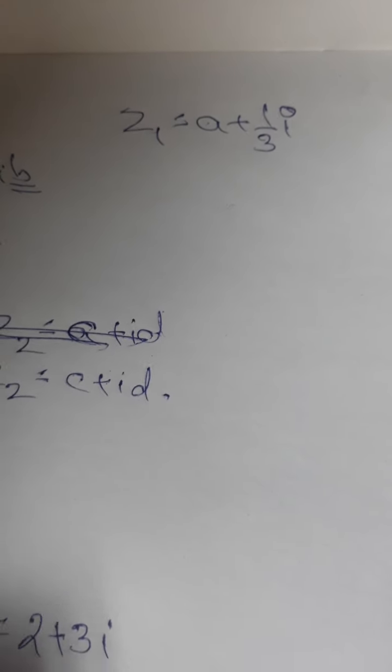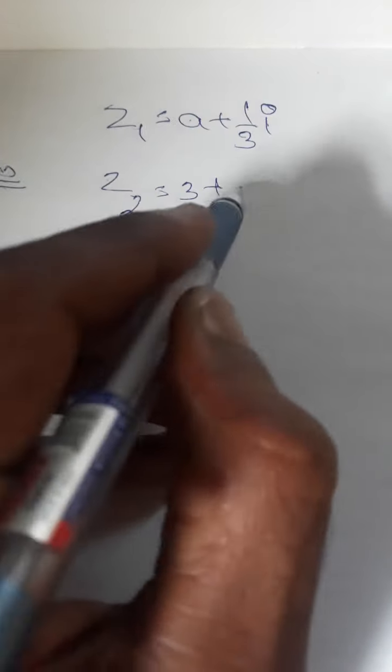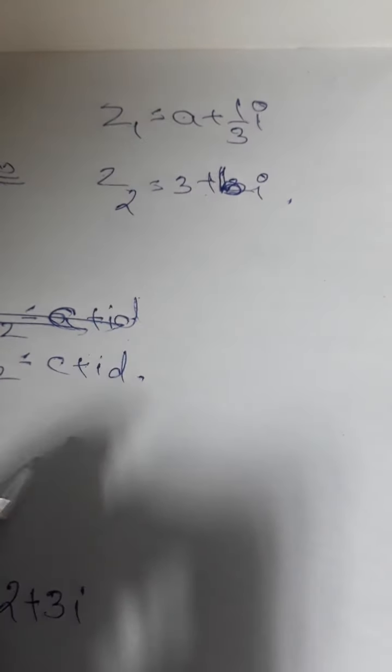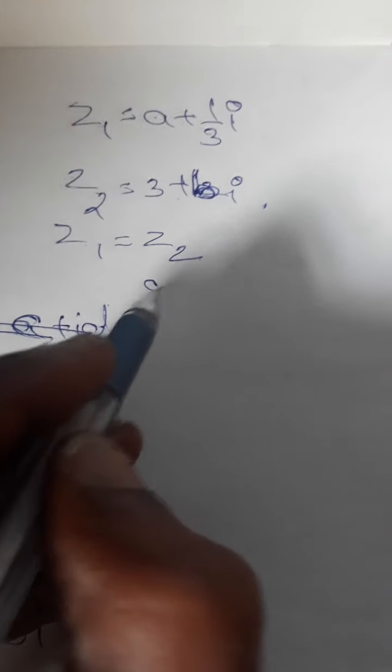Now I will take another example. If z1 is equal to a plus 1 by 3i and z2 is equal to 3 plus bi, then z1 will be equal to z2 if the value of a is 3 and the value of b is 1 by 3.